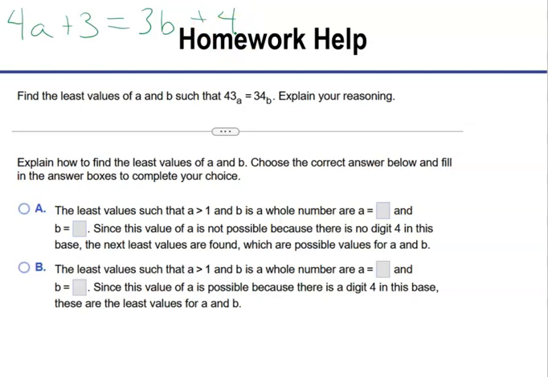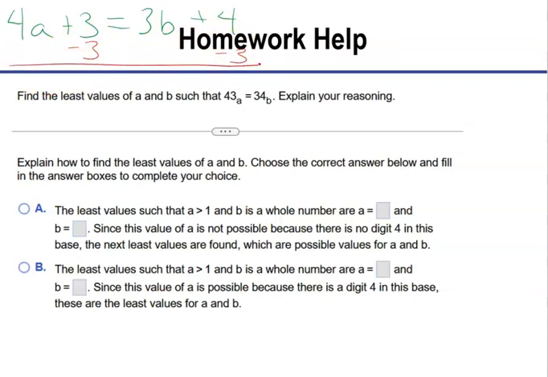Now my goal is to solve for A or B. So if we start trying to solve for one of these, let's just solve for A. That means I have to isolate A on one side. First thing I'm going to do is remove that 3. So I'm going to subtract 3 from both sides of this equation.